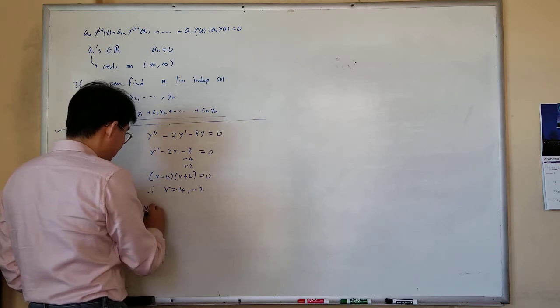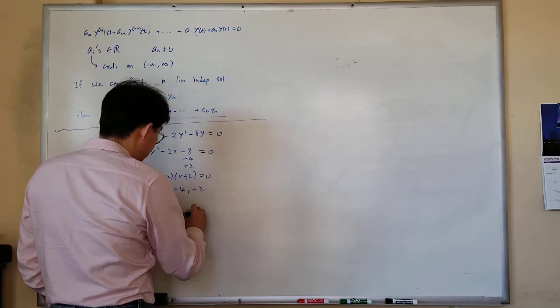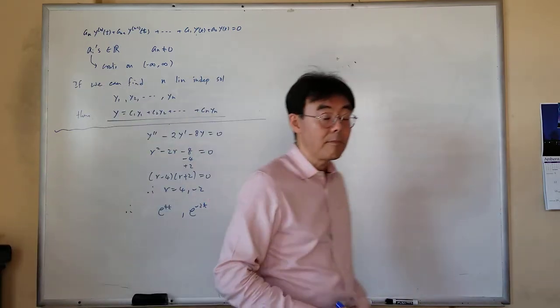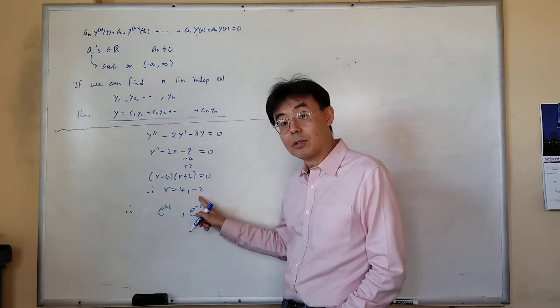Then we get y equals e to the 4t, e to the negative 2t. So you find two linearly independent solutions when you have two different values.